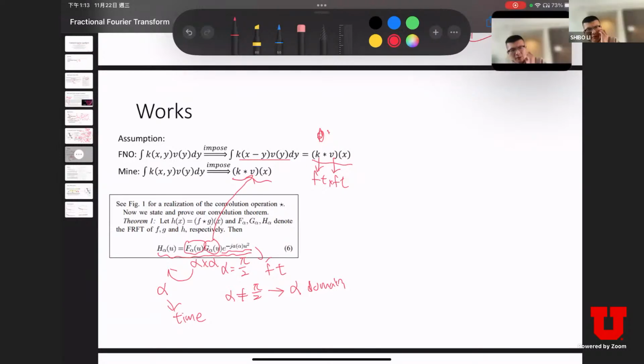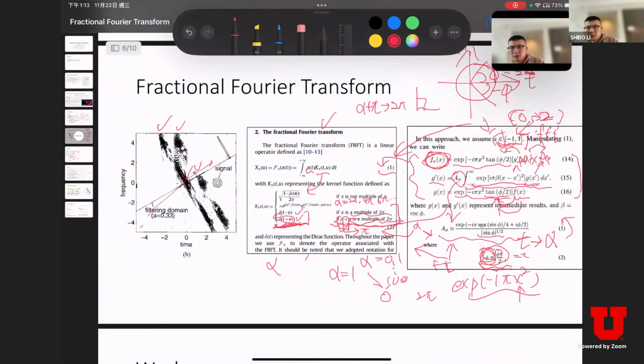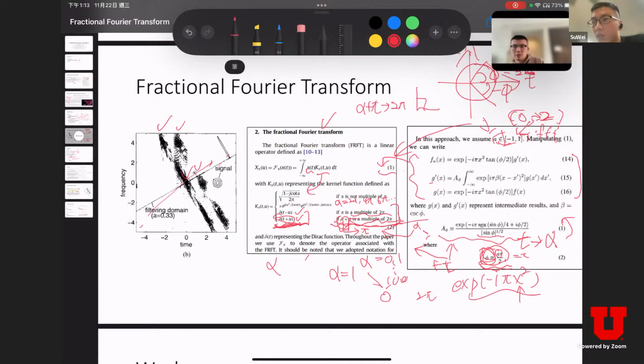I have a question. So what is the complexity of the FRFT? FFT can be n log n, right? Is there any fast computation of the FRFT or inverse FRFT?